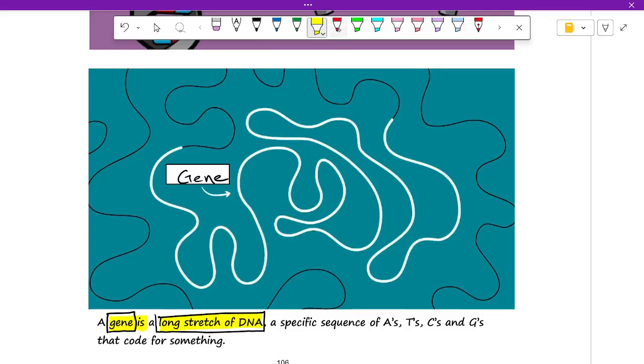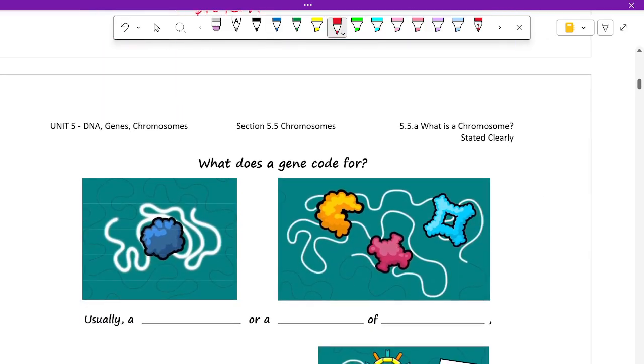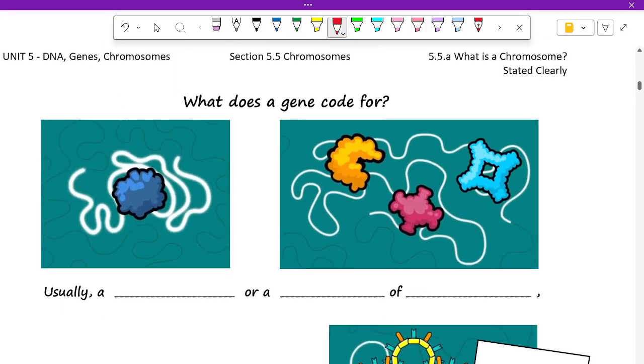What does it code for? It codes for a protein. What does it code for? Usually a protein.